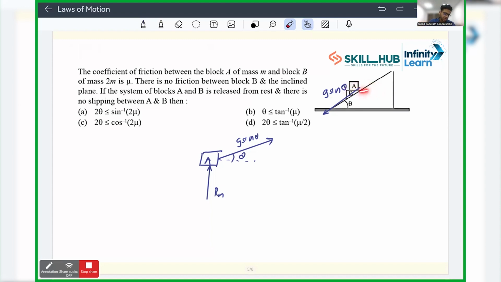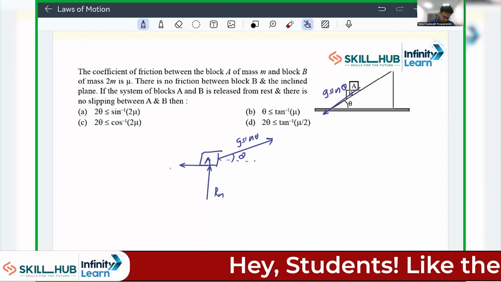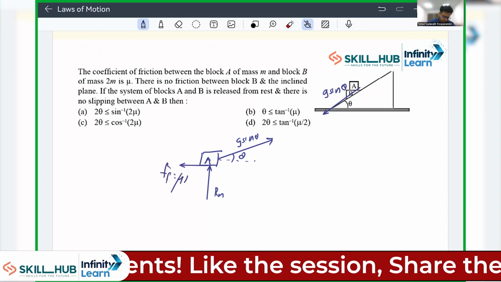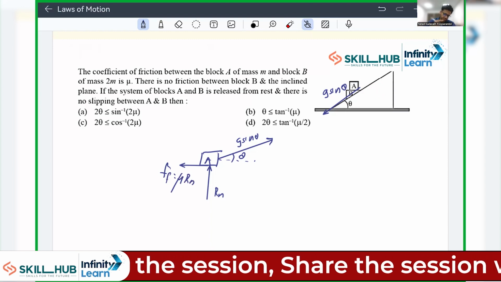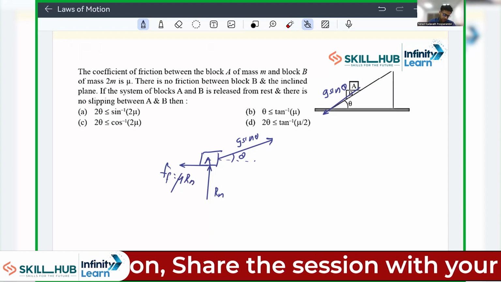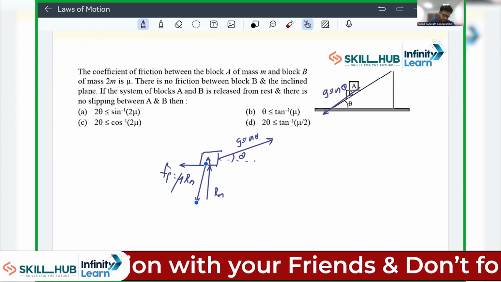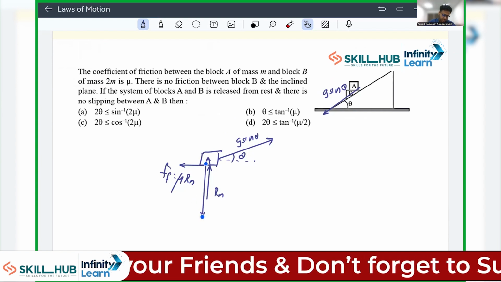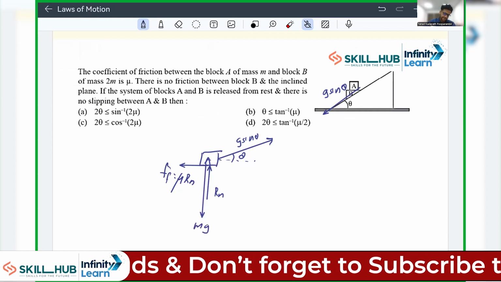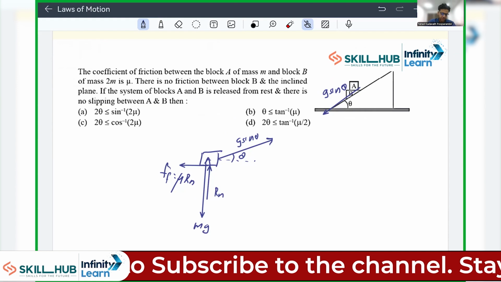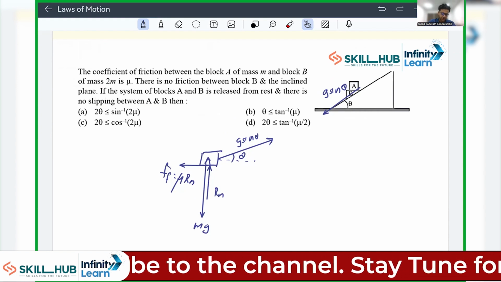Then the force of friction would be towards left, that we can write as mu into Rn. Then the weight of the body would be there downward, that is mg.